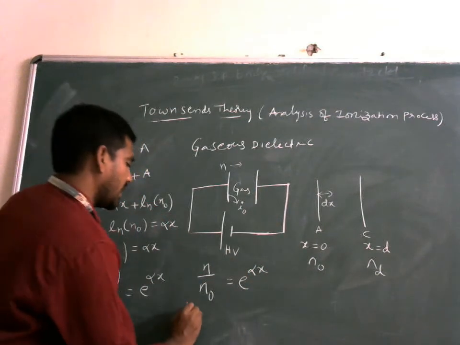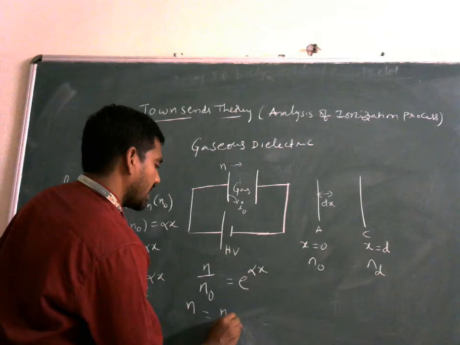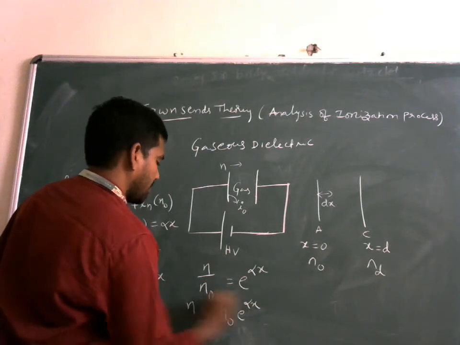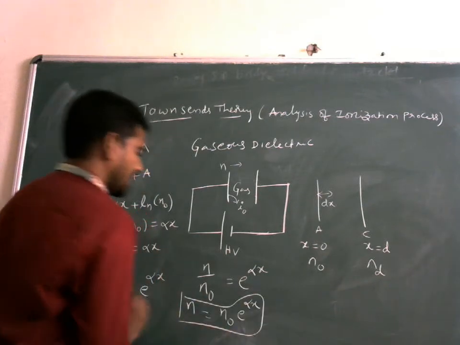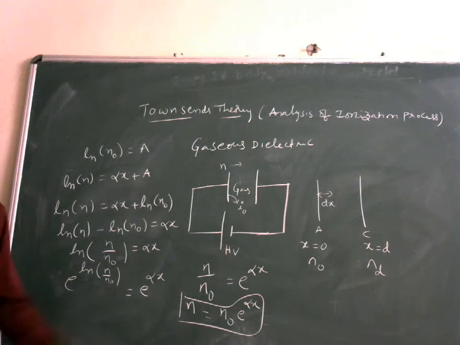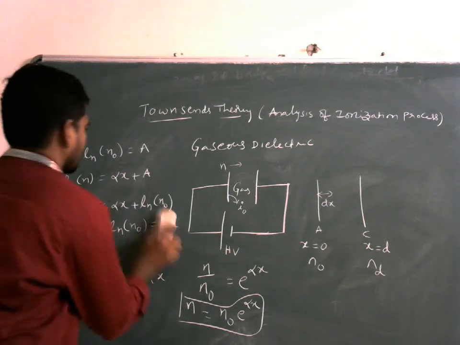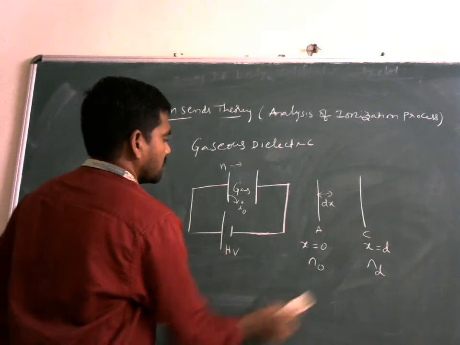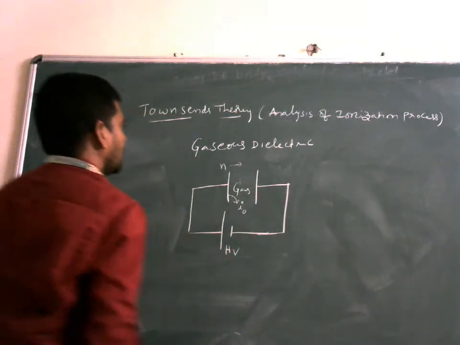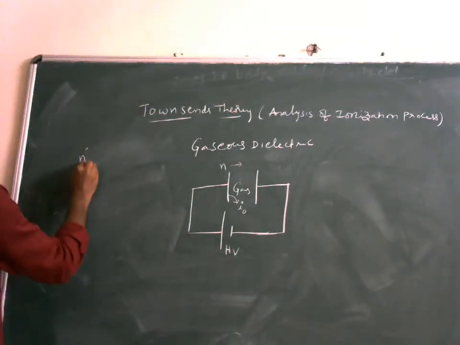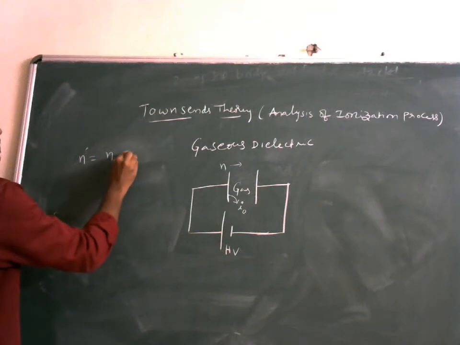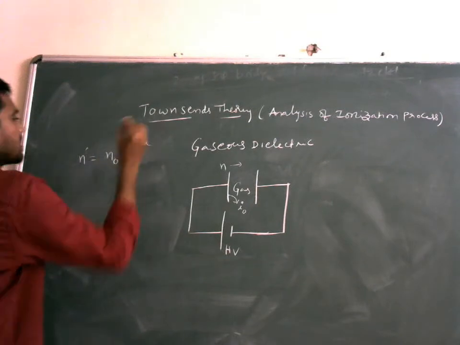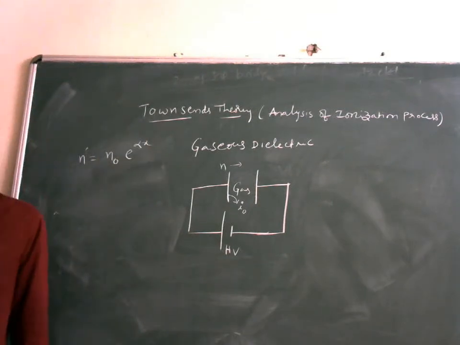From this, n is equal to n naught into e power alpha x, where n is the total number of electrons and n naught is the initial number of electrons. This we call Townsend's theory or Townsend's principle.